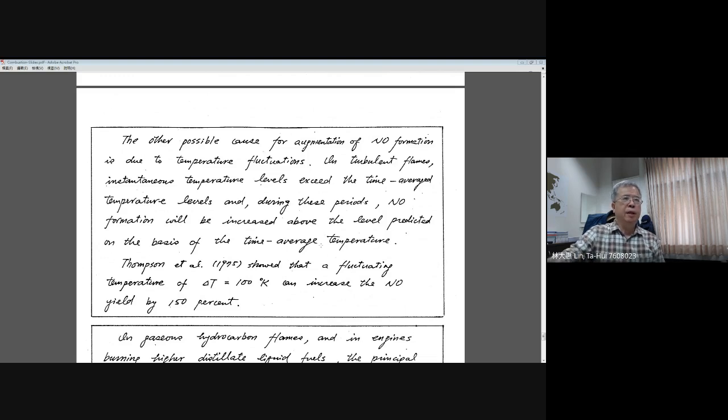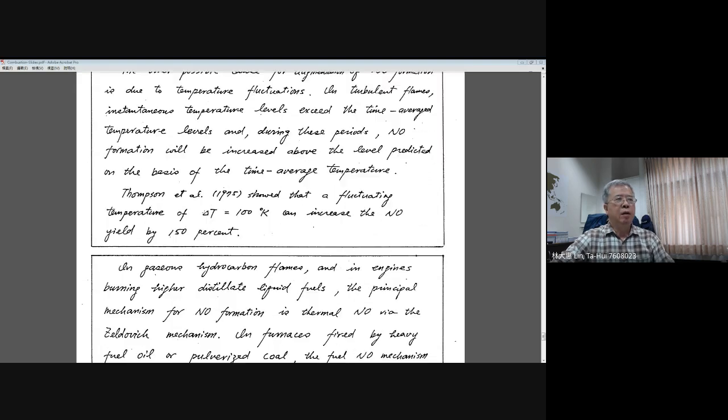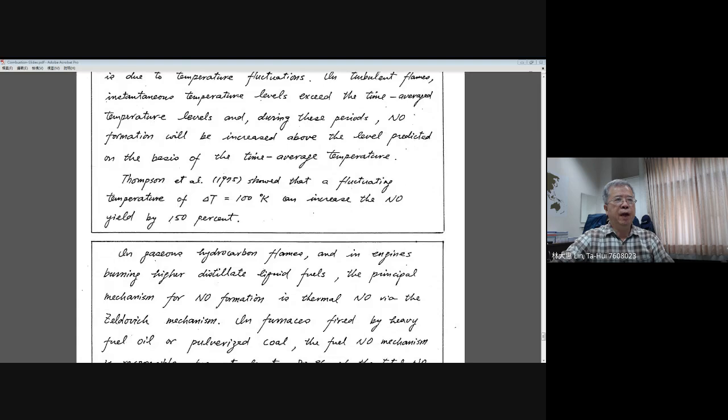For example, if you look at the temperature fluctuation, especially for the turbulent flame, and those instantaneous temperature levels exceed the time average temperature level, then we will have some influence on the formation of the NO. Thomson in 1975 gave the experimental result. If you have a temperature fluctuation around 100 K, then they will increase the NO by 150%. Those kinds of fluctuations will increase the formation of the NO.